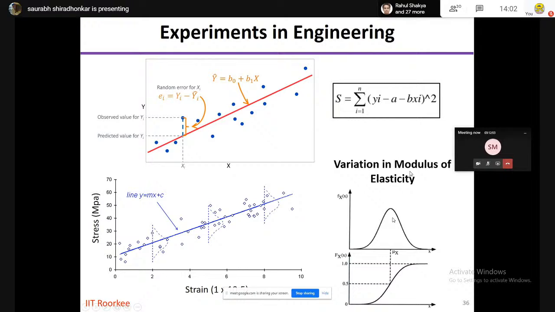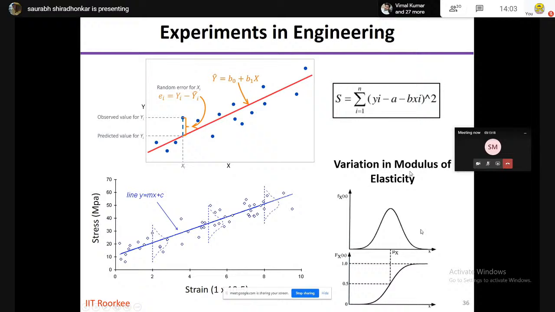This peak value is called the mean in a normal distribution, and it means that the probability that most of these points will have this modulus of elasticity is very high or significant. Mostly, when we use the modulus of elasticity from these experiments, it is always the mean value, but we mostly neglect the variation of that modulus of elasticity.